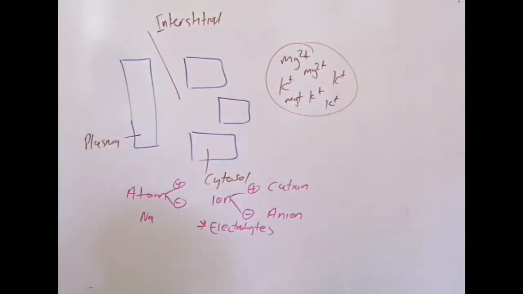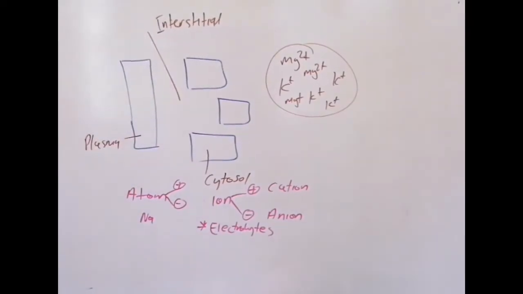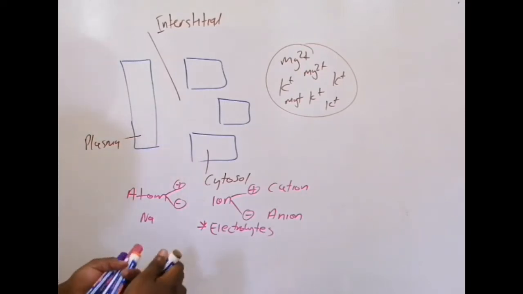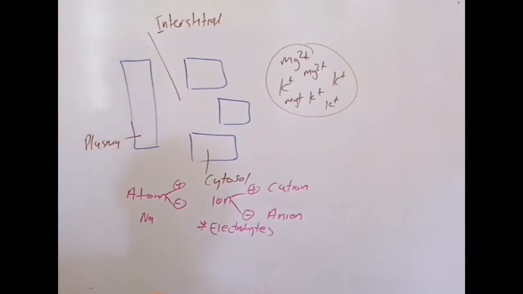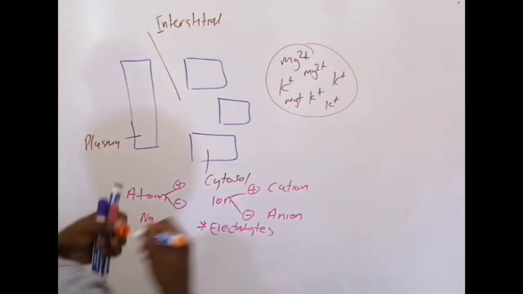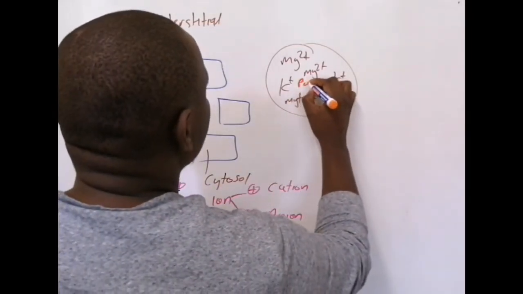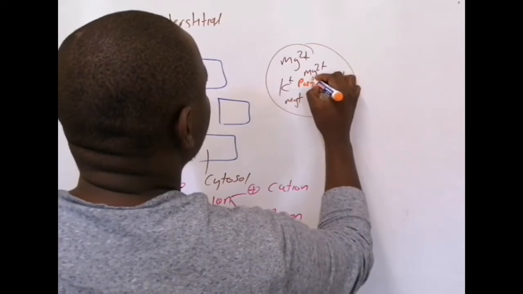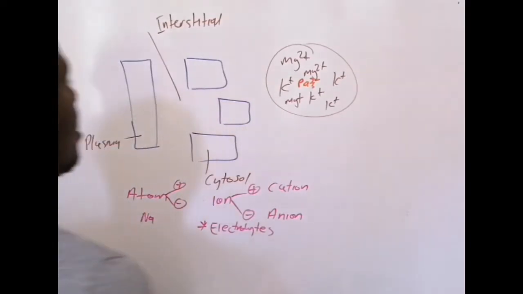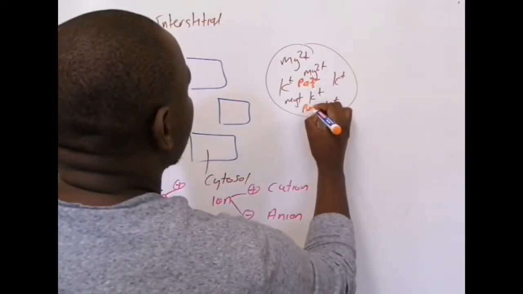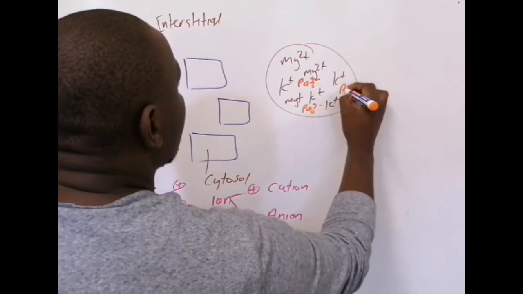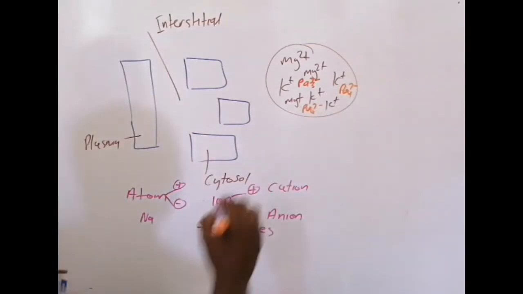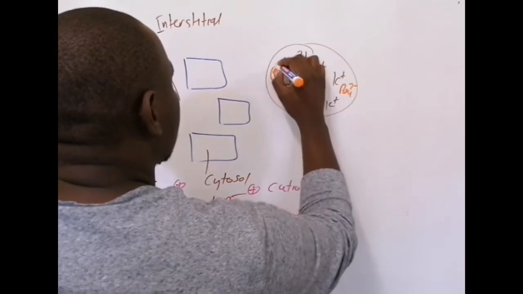They also found that the most abundant anion intracellularly is phosphate, and also some proteins, right?